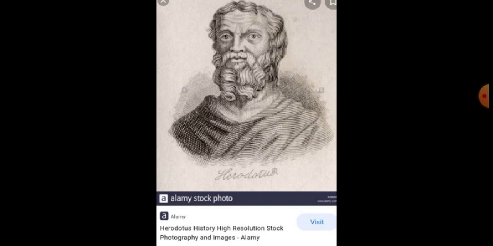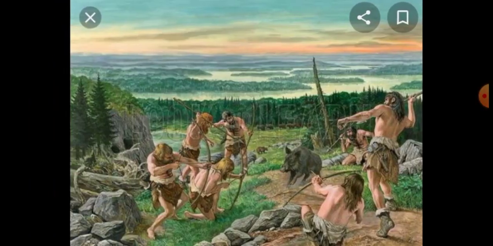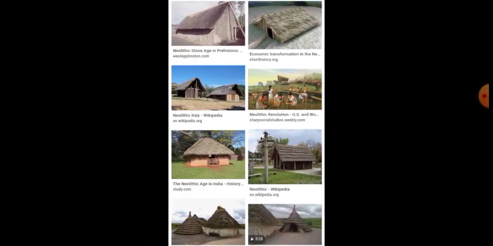In the early period, the early people traveled on foot from one place to another place, and the early people's main occupation was hunting. They lived in small caves and simple huts.